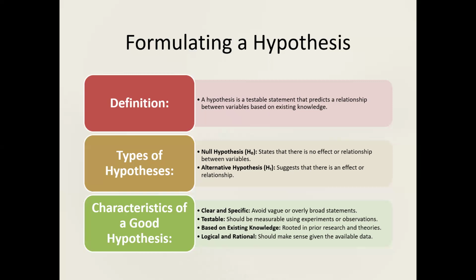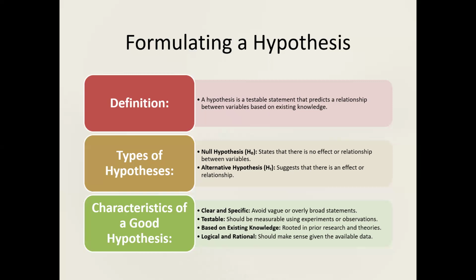And if you look at the types of hypothesis, usually we use two types of hypotheses. The first one is the null hypothesis, which we call H0 or H naught, which states that there is no effect or relationship between variables.